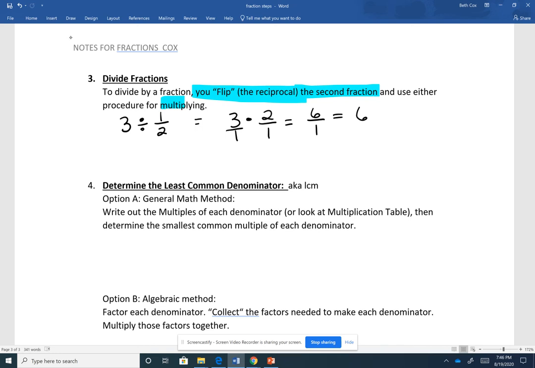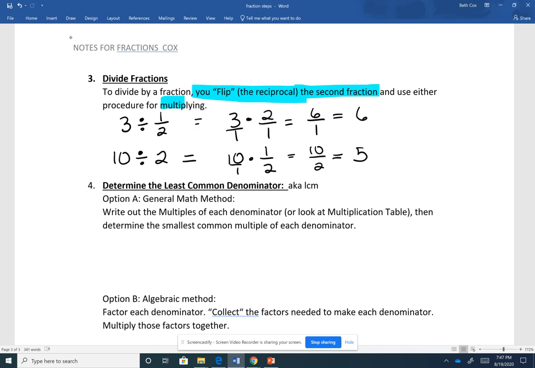And if I were to do, say, 10 divided by 2, well, that's not dividing by fractions, but it still works. That would be 10 times 1/2, which would be 10 over 2, which would be 5, which we know that's what it is. So we flip the second one and multiply.